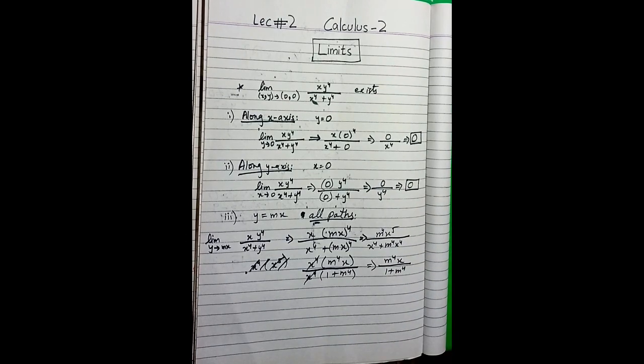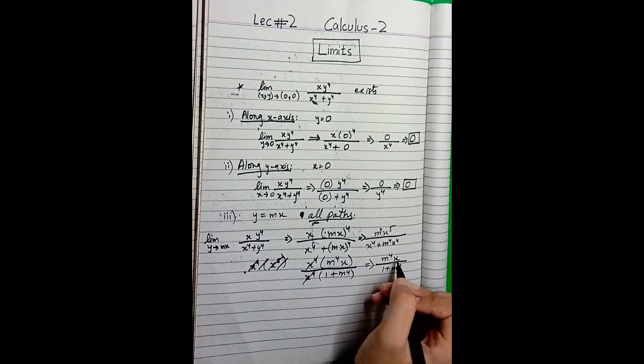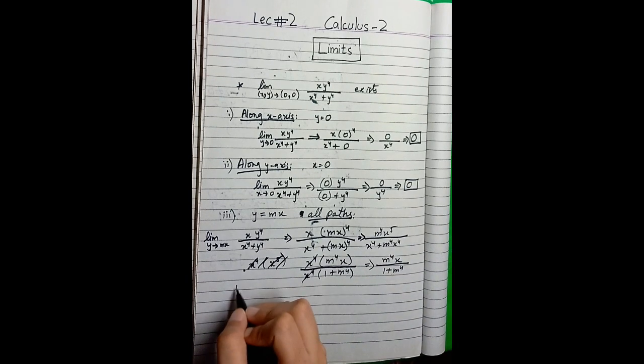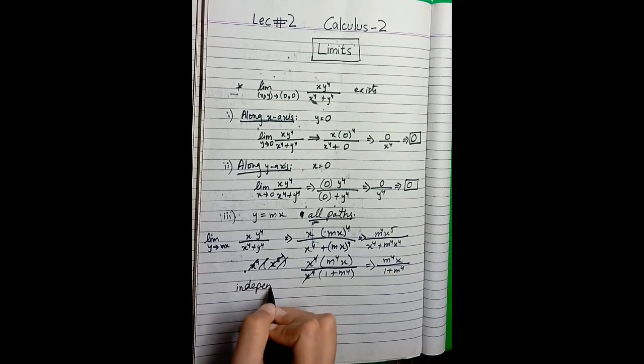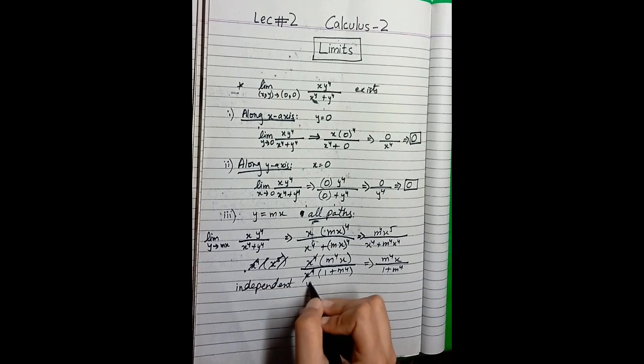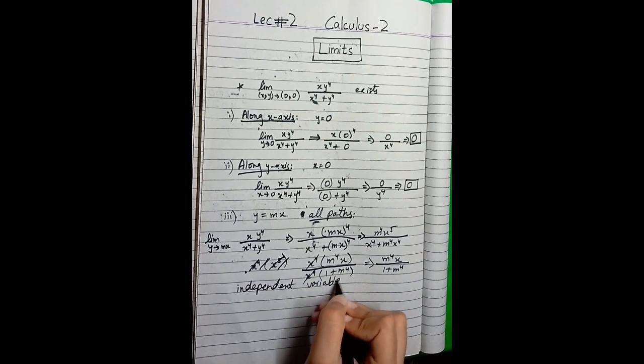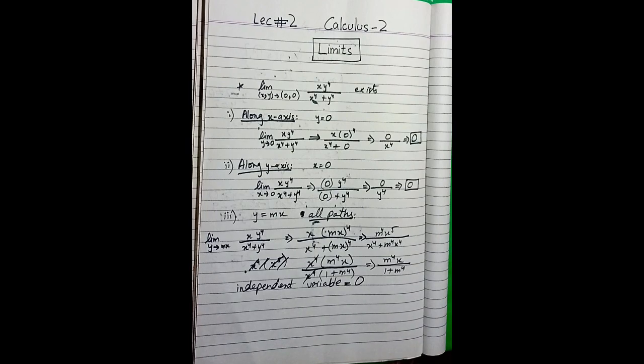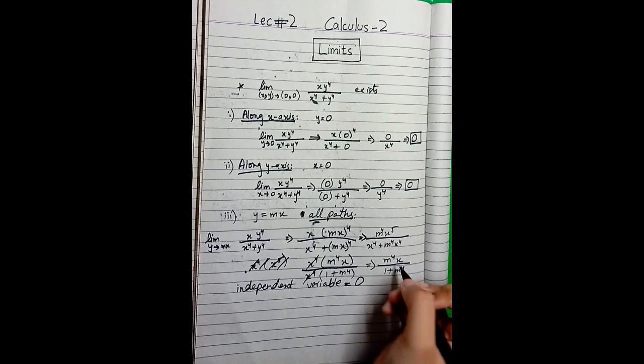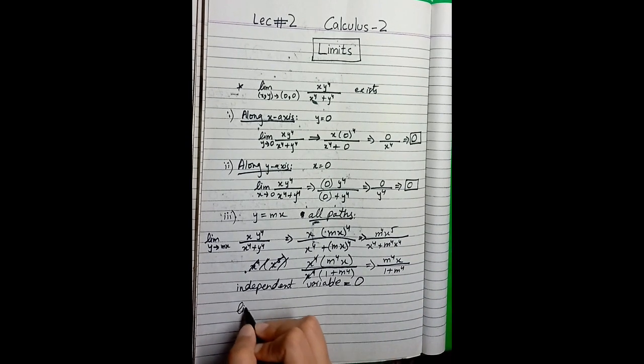Now here is one important point: when we solve an expression and we get an independent variable, after solving it, we will put the independent variable equal to 0. So in this condition, our independent variable is x. So we will solve it.